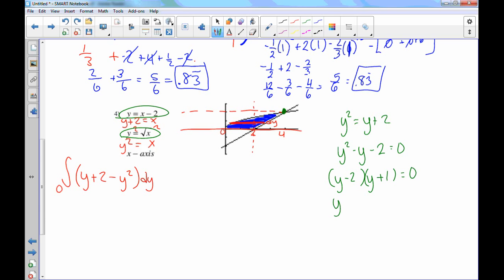So our y equals 2 and y equals -1, where they intersect. So this has to be the positive 2, minus positive 2 squared, and plug it in. 2 squared is just 4. So we'd be integrating from 0 to, what's the y value? To 2. Okay? Should you go through and finish that problem?